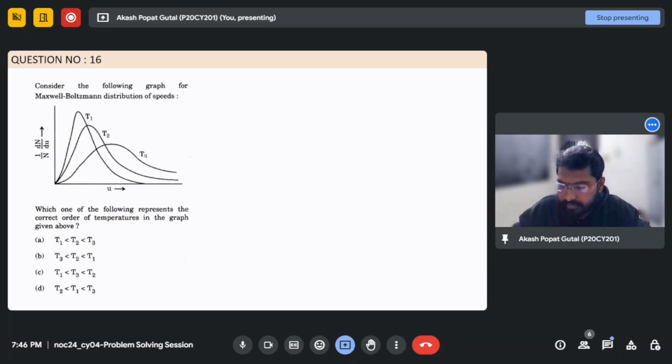Please try to solve this problem. For your information, this question was asked in the geochemist preliminary examination.